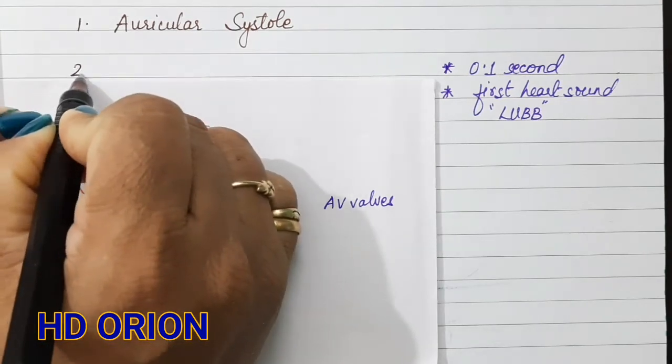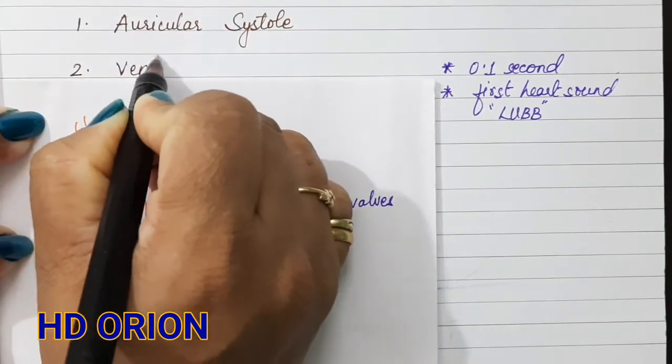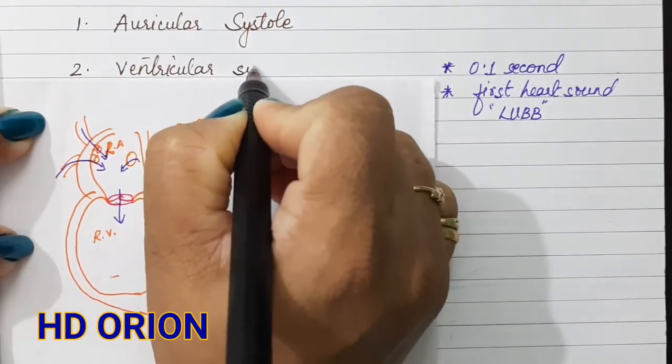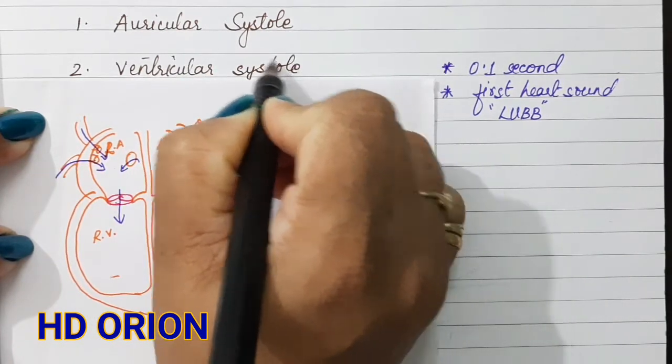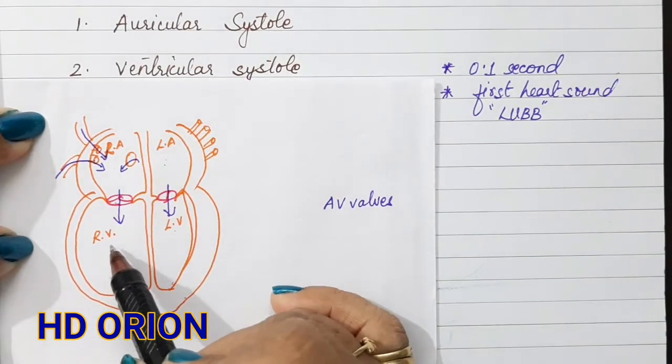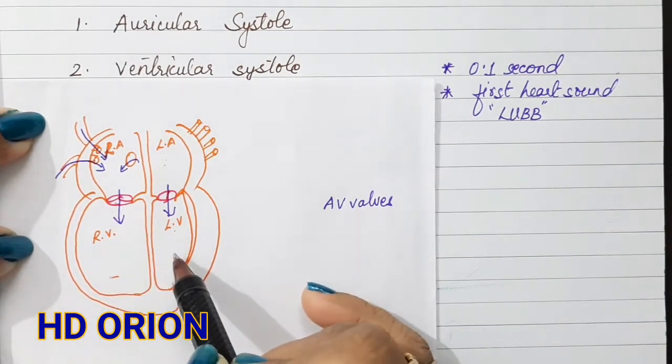Let us now see the second step, known as ventricular systole. When we studied auricular systole, at that time the two ventricles were in diastole.